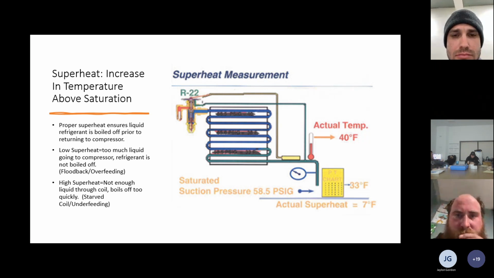I was always taught to go off my lowest superheat reading, my lowest pressure, my lowest temperature, because at any given state of that valve, you're ensuring you're not going to be flooding. If you set it on the average, it's going to be higher and lower, and because it's going to be lower, you're going to have moments where it is flooding back. As a general rule of thumb, you watch your valve open and close.